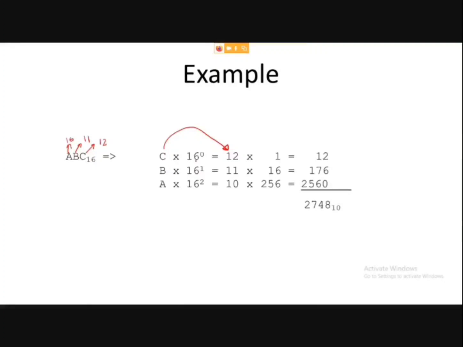Similarly, B is replaced by 11 and A is replaced by 10, and we have multiplied them by the corresponding bases, 16 raised to power 0, 16 raised to power 1, and 16 raised to power 2. Further, when we add this, we get the decimal equivalent as 2748.